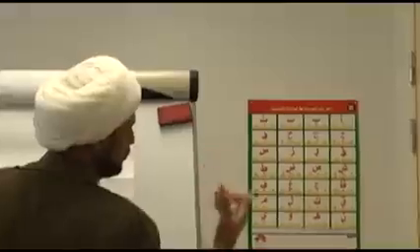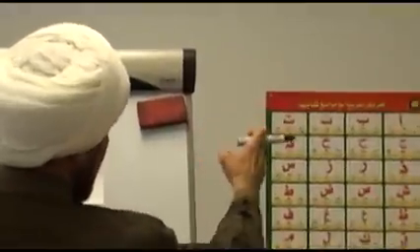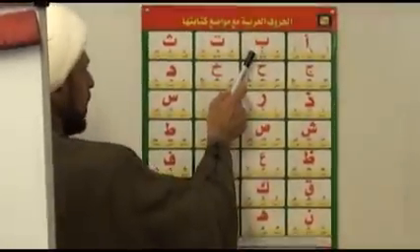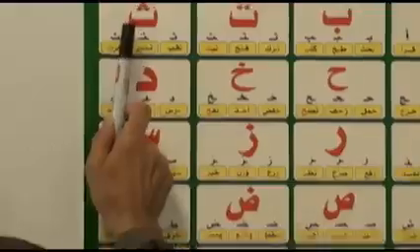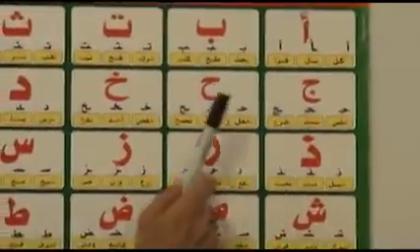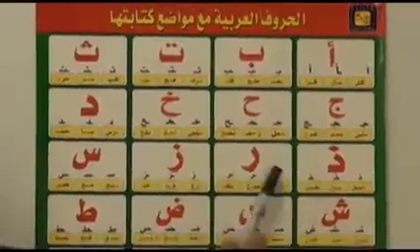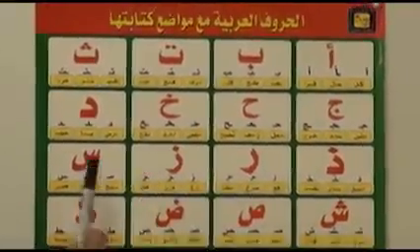Ba, I'm going to say it with a fatha form. A, ba, ta, tha, ja, ha, kha, da, dha, ra, za, sa, sha.